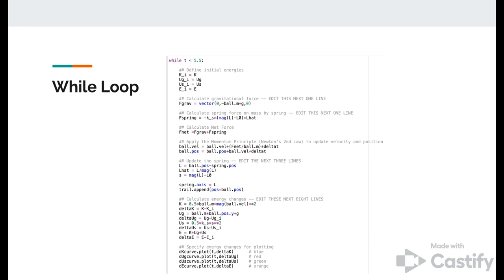We have the spring force this time. We have net force, which is gravity plus spring force. And then we have Newton's second law for the velocity and position update formulas. We have to update L hat and S. And then we have to update the energies using those equations.